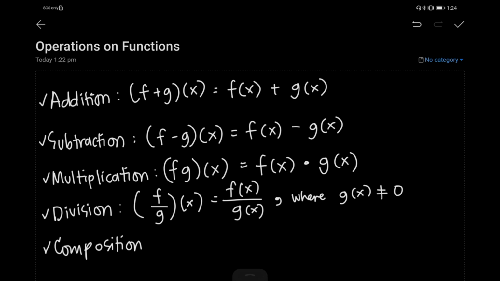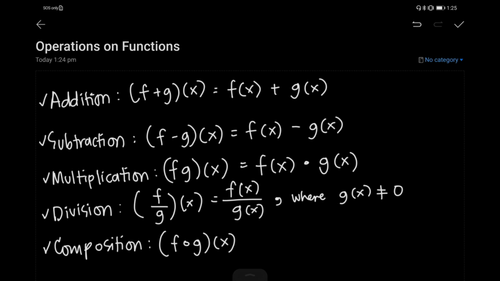Okay? We also have the composition of functions. We're going to discuss this topic in a separate video. In this video, we're going to focus only on addition, subtraction, multiplication, and division. But basically, composition of functions is represented this way: f composite g of x. What does it mean?